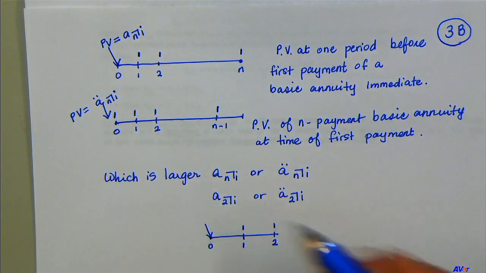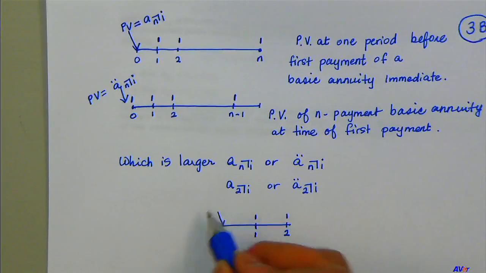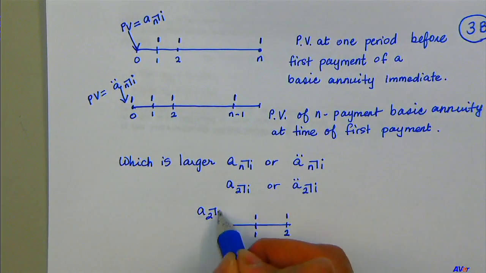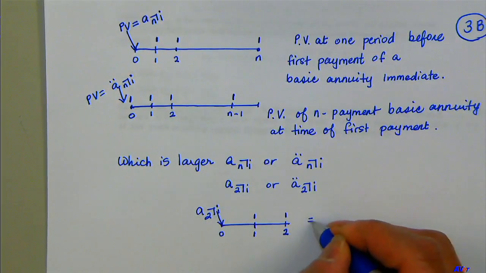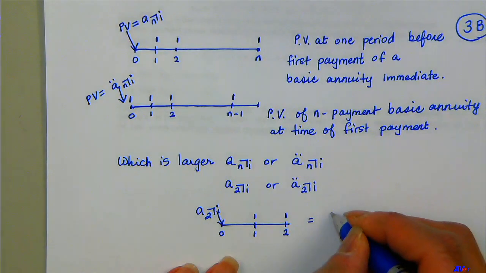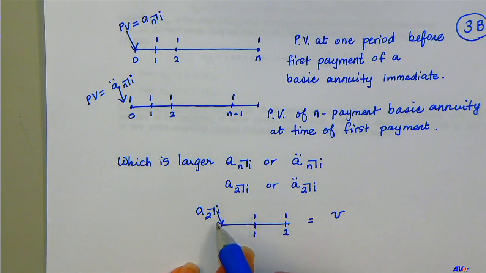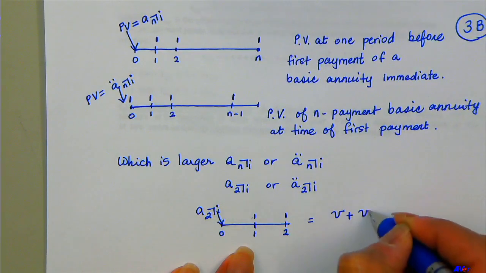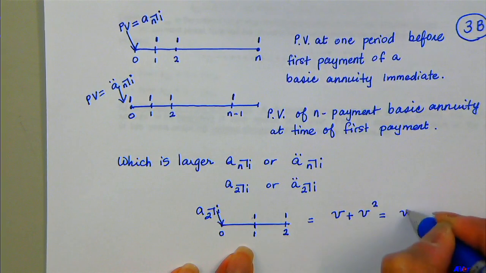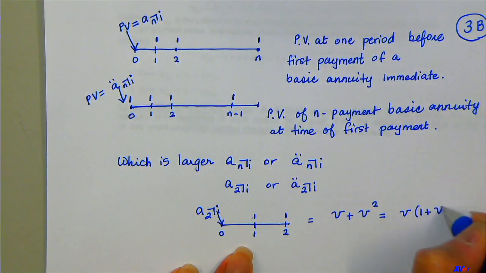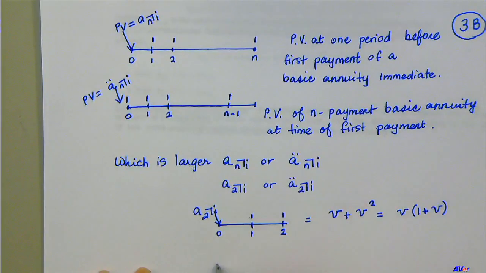And this present value right here is A angle 2I. So can I say that A angle 2I is V, that's the present value of this payment of 1, plus V squared, which is equal to V times 1 plus V.